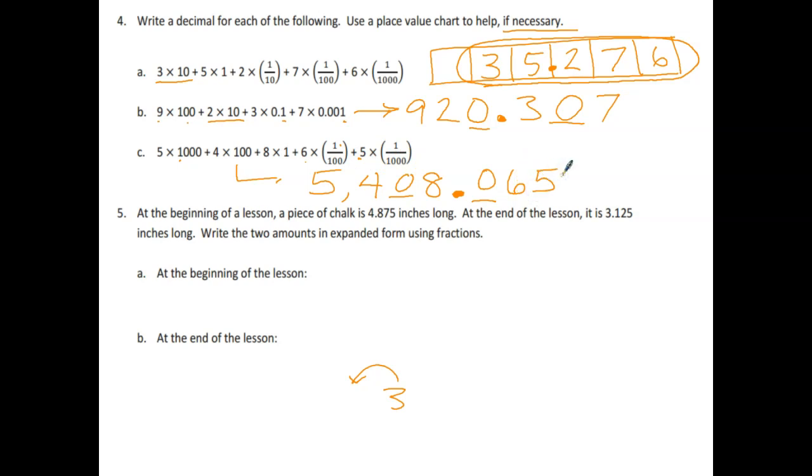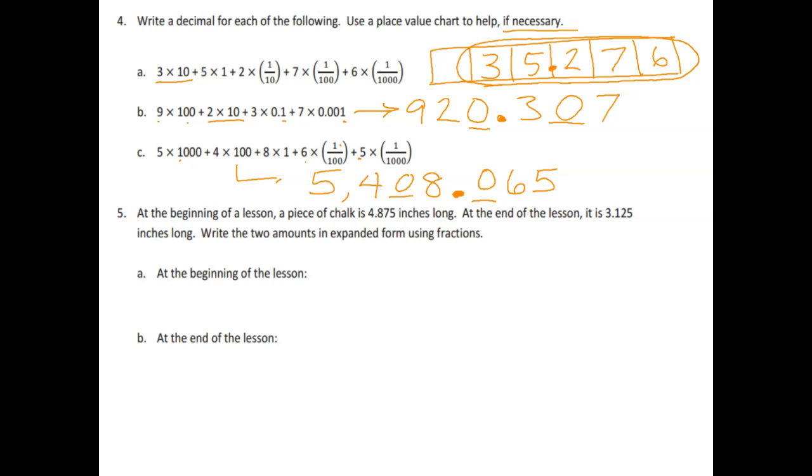All right. Last one. We're talking about a piece of chalk. All right. So we said at the beginning of the lesson, a piece of chalk is 4 and 875 thousandths of an inch long. At the end of the lesson, it is 3 and 125 thousandths of an inch long.